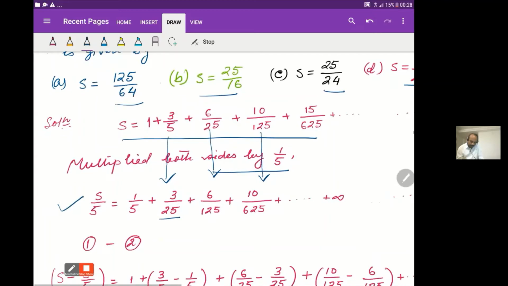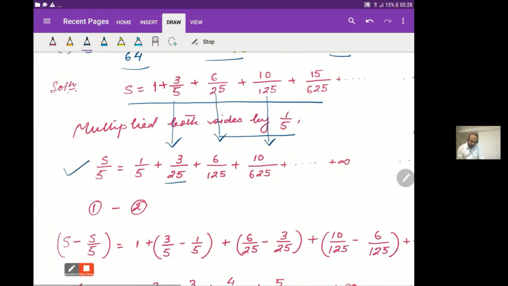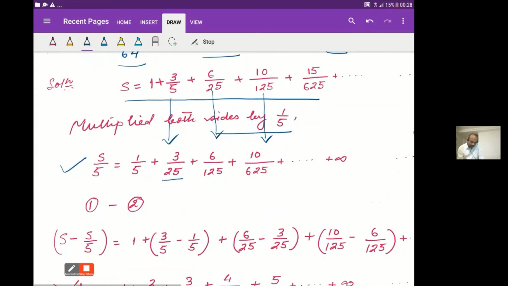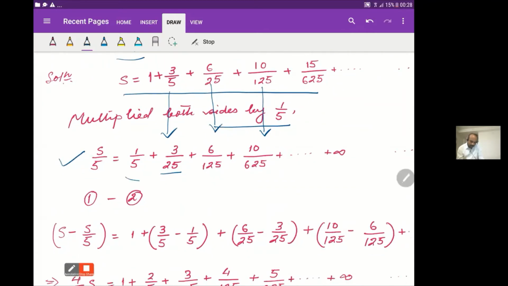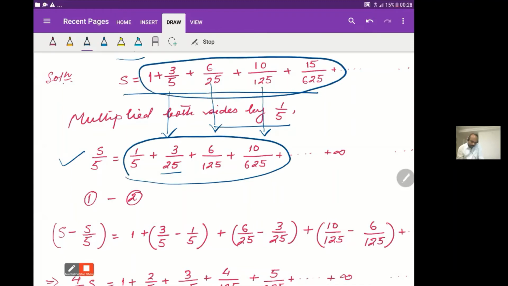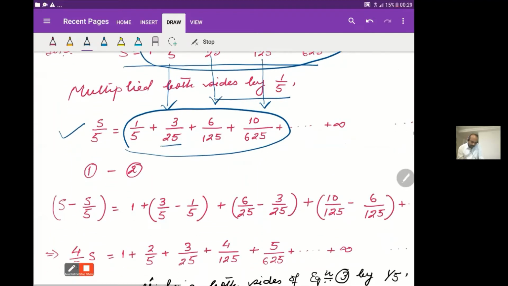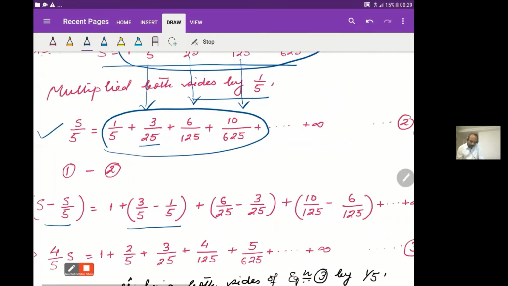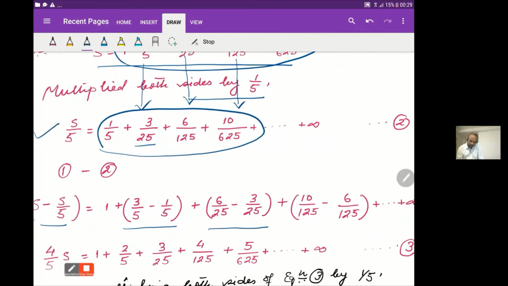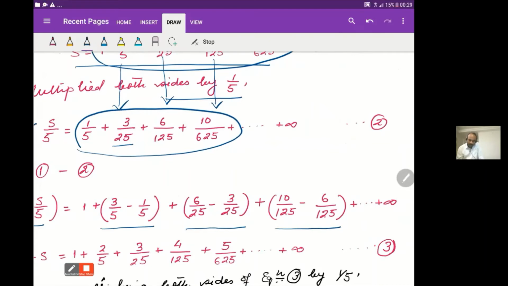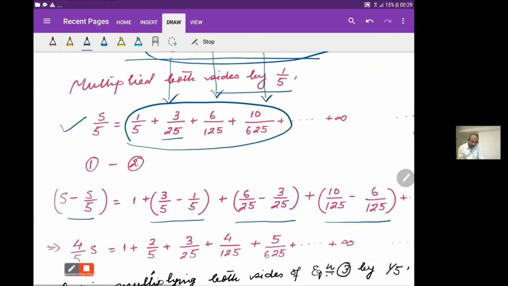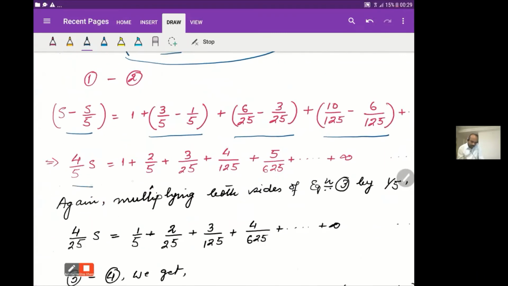So subtracting 2 from 1, that means S by 5 from S on the left hand side, we get S minus S by 5 on the left hand side. On the right hand side we get 1 plus 3 by 5 minus 1 by 5 plus 6 by 25 minus 3 by 25 plus 10 by 125 minus 6 by 125, and so on and so forth.